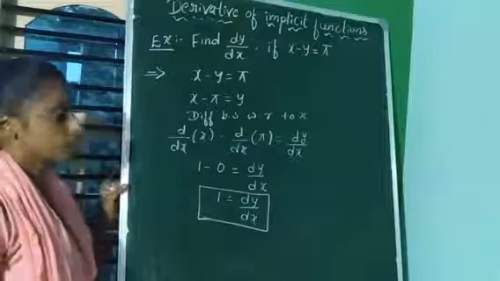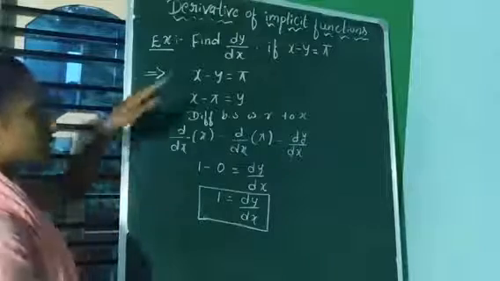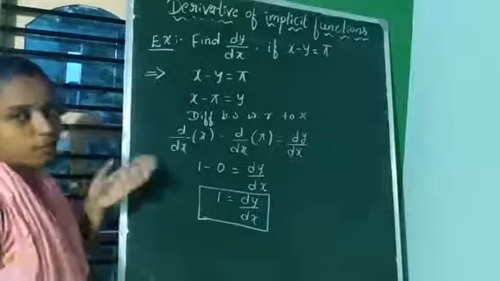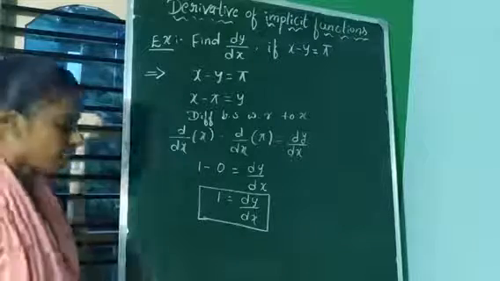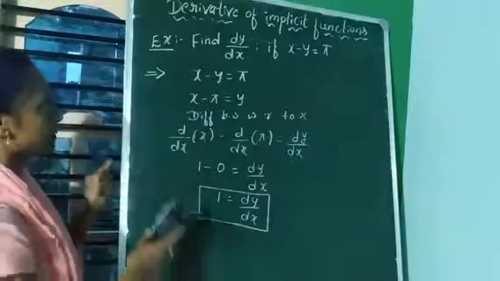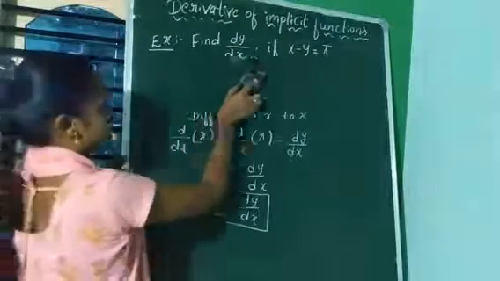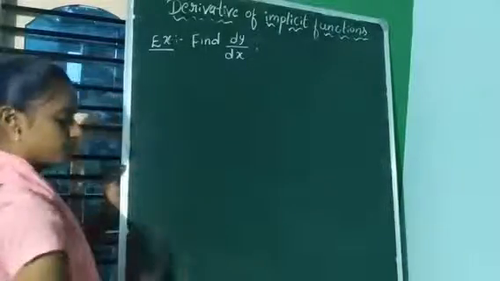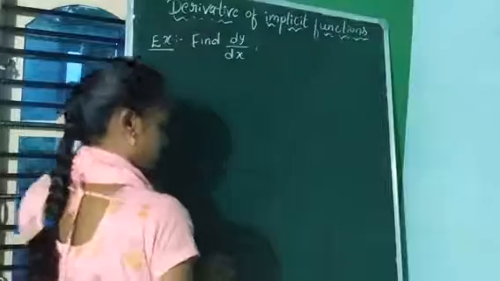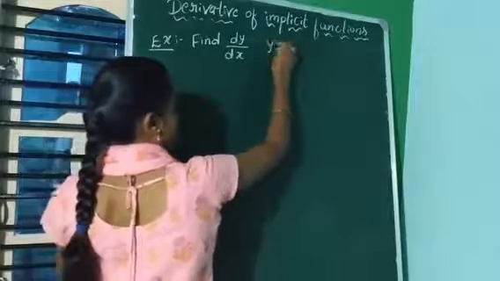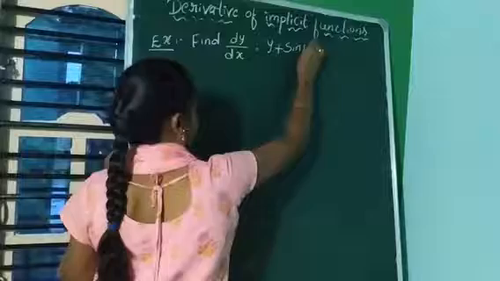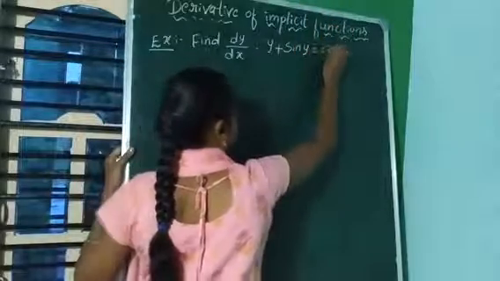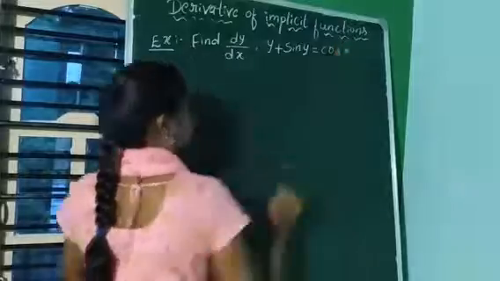Understood? They may ask 2 marks, but such an easy question they will not ask. This is only to understand how to differentiate. Okay, I'll go with the second example. Find dy by dx if y plus sin y is equal to cos x.